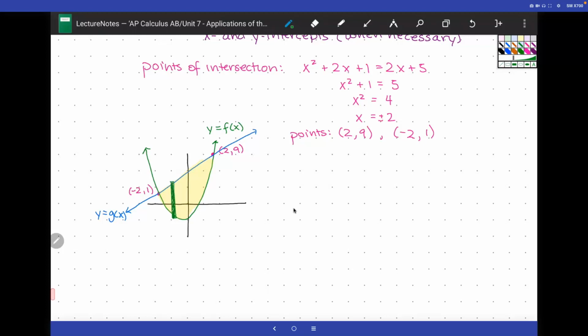Remember way back when we did Riemann sums? If it brings back memories. But remember when we did that and how we started off by drawing rectangles to represent the area? This would be one of those rectangles. So the question is, if the rectangle is going vertically, but imagine we had rectangles going all throughout this area, as the rectangle moves across the area, is it always the same curve on top and the same curve on the bottom?